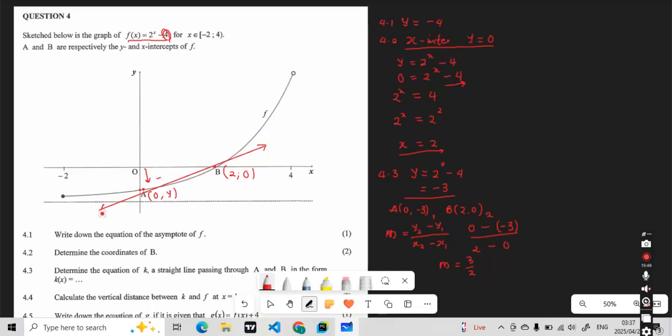Okay. So this is our graph of k of x. Now, remember we are not done. What are we supposed to do?